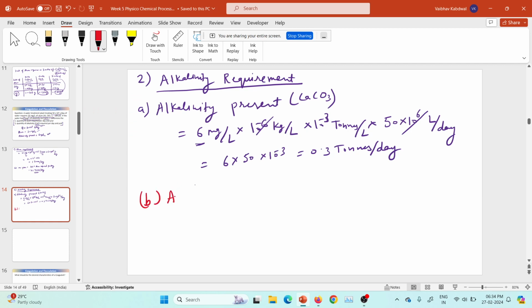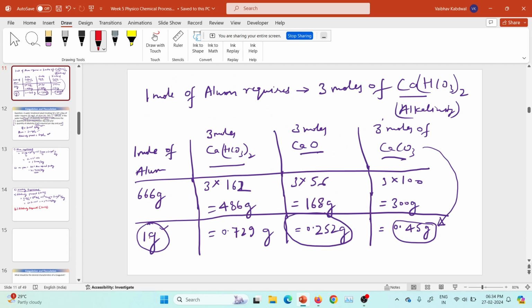Alkalinity present, alkalinity required. That is also in terms of CaCO3. How much alkalinity is required? We understood from this equation that for 1 gram of alum, 0.45 grams of alkalinity is required in terms of CaCO3.